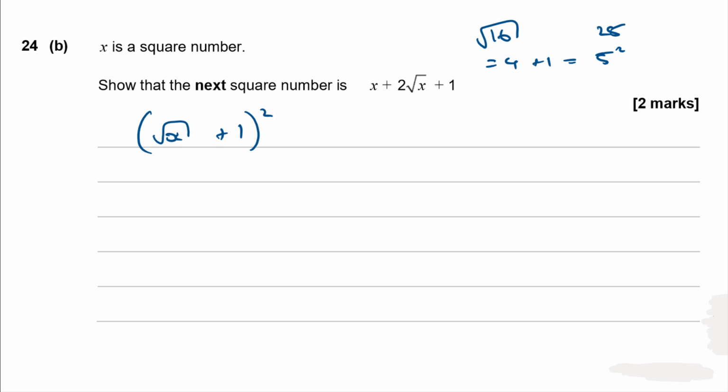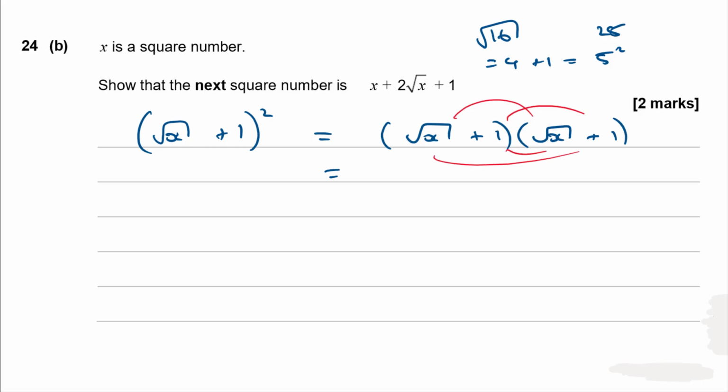So that's kind of what I've done here. So if x is a square number, I root it to get the number that I have to times by itself to give me x, add 1 to it, and then square that. That's going to give me the next square number. Okay, so now all I've got to do is multiply that out then. That's not too bad. Compared to the last one, this is a walk in the park. Okay, so just doubling that up and doing a little bit of FOIL on it.